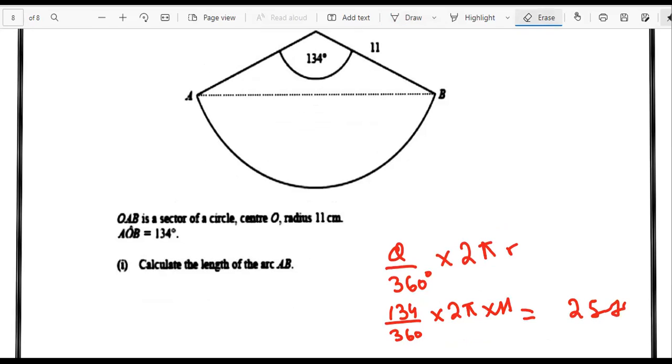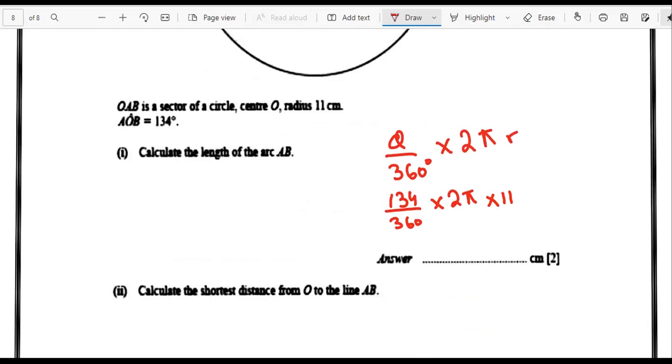Are you getting the same answers, both of you? This would be 25.7. Okay. Yes, Saneem and Turhan, are you getting 25.7 as well? Yes. Okay. Then it says, calculate the shortest distance from O to the line AB.